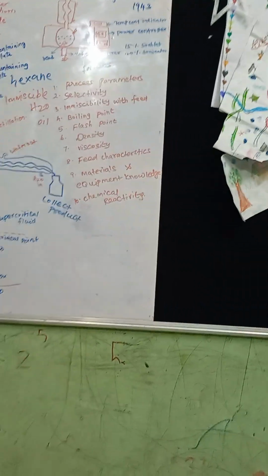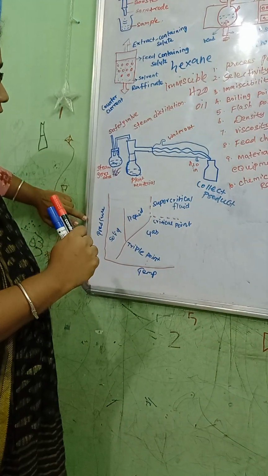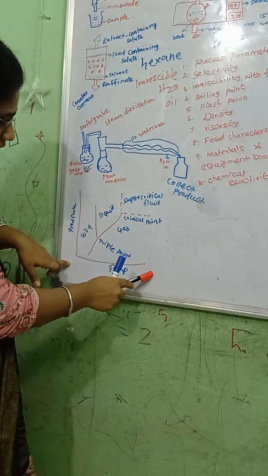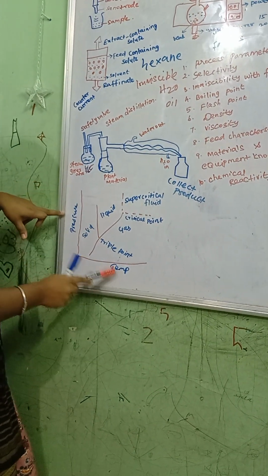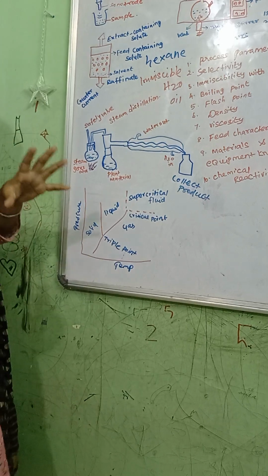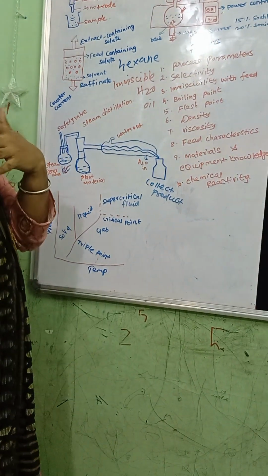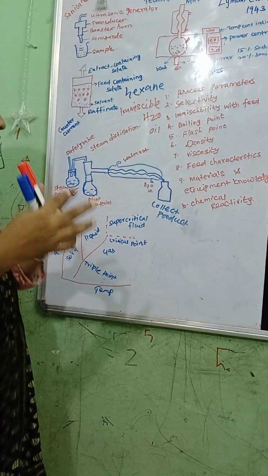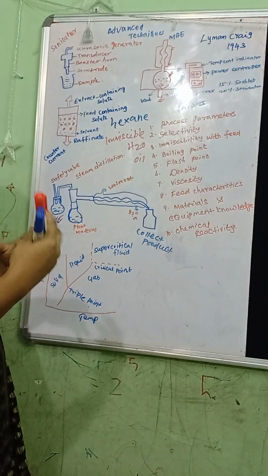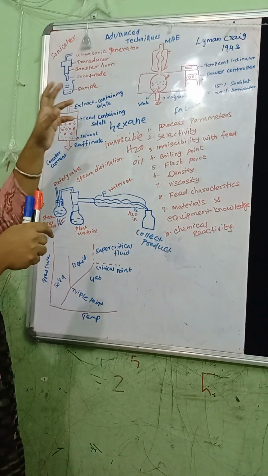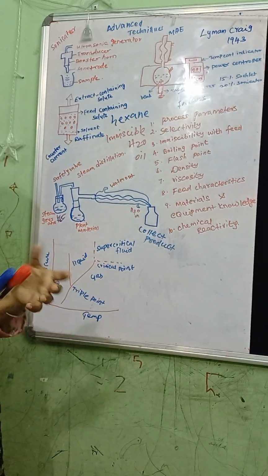The next one is the supercritical gases. At a certain temperature and pressure, this is the x-axis, this is the y-axis, temperature and pressure. At some critical temperature and pressure, the fluid turns into a gas, that is called the supercritical gas. This is also one of the extraction processes used for the drug target.